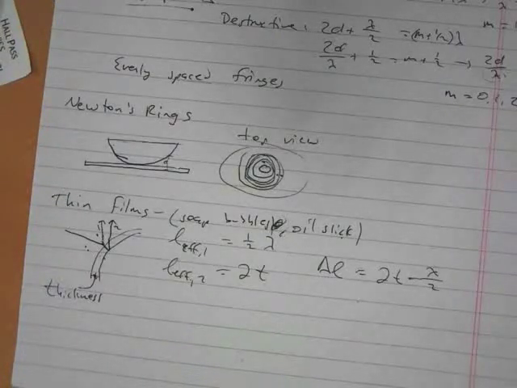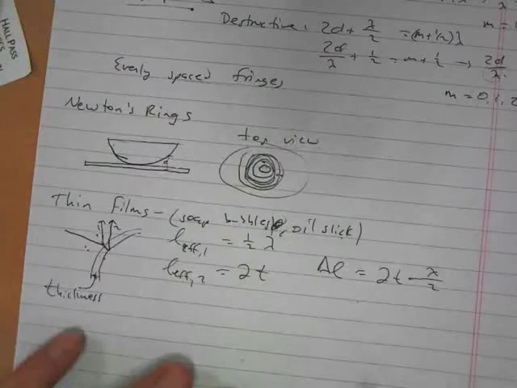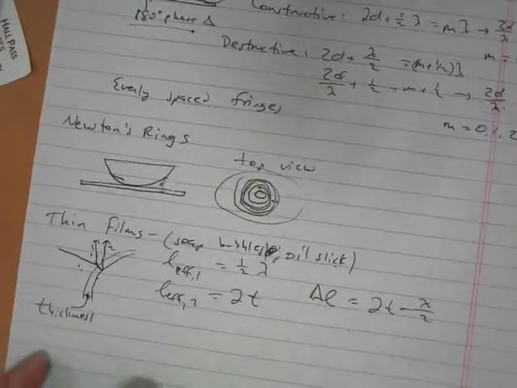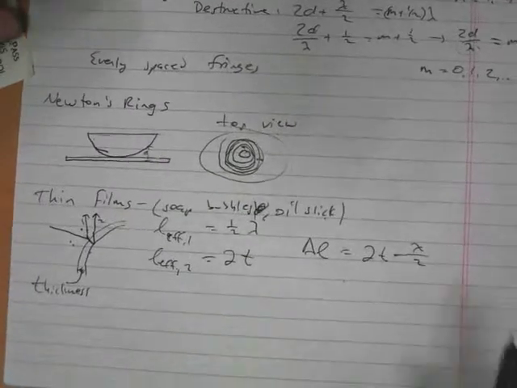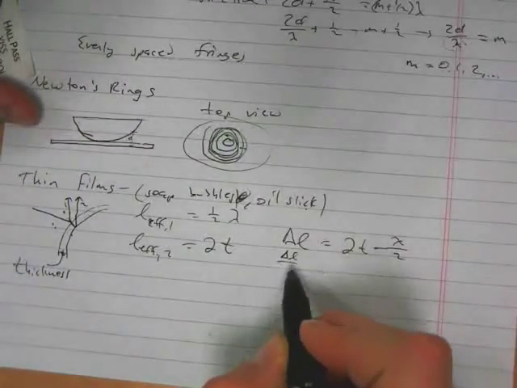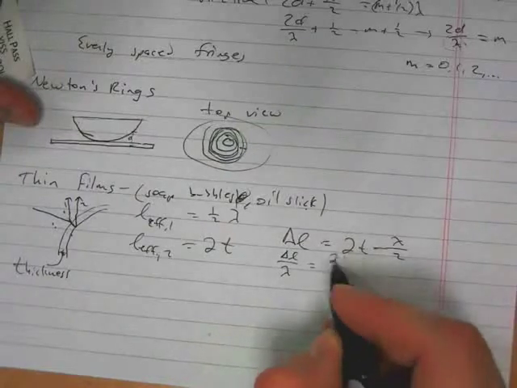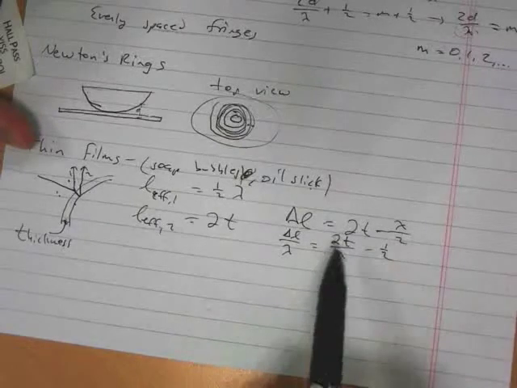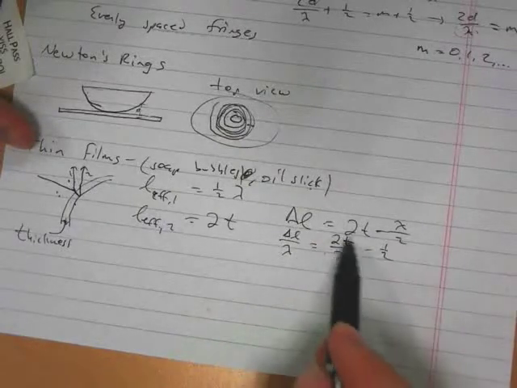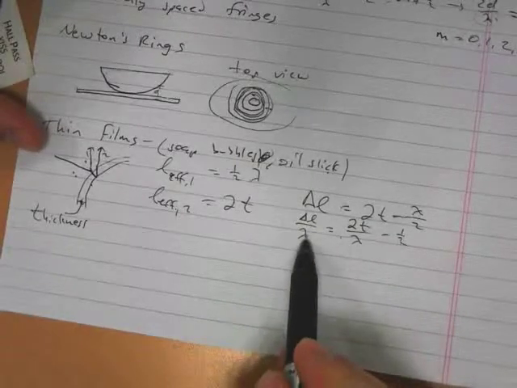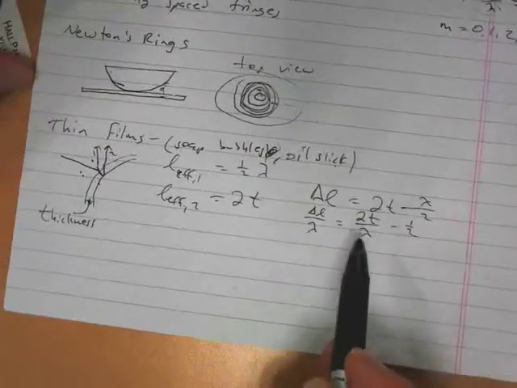Or actually, no, we can't quite yet. Hold on. I apologize. For reasons which will become apparent later, we are going to divide by lambda, so that what we calculate for thin films is delta L over the wavelength. So it's how many wavelengths the path length difference is.